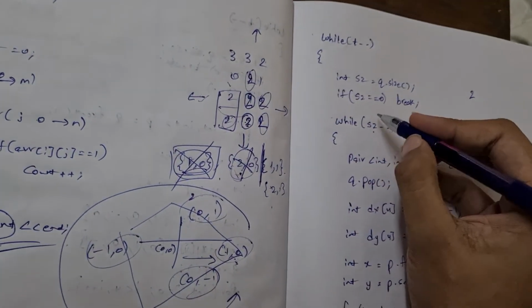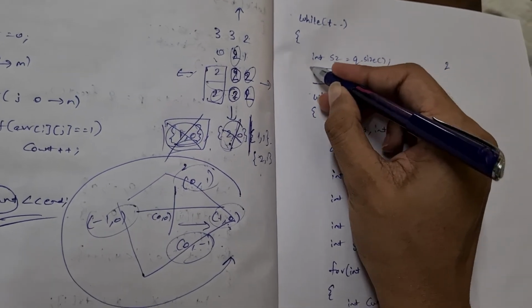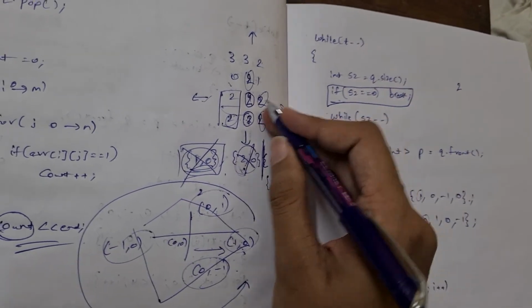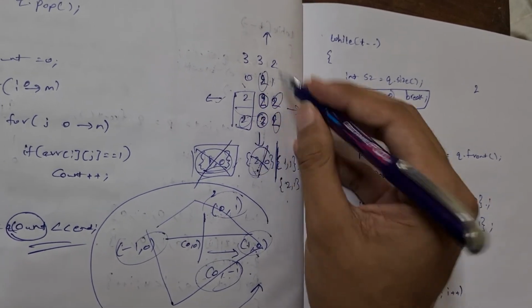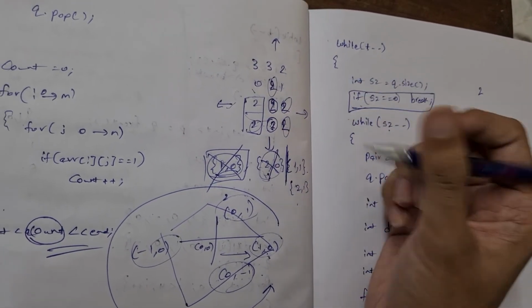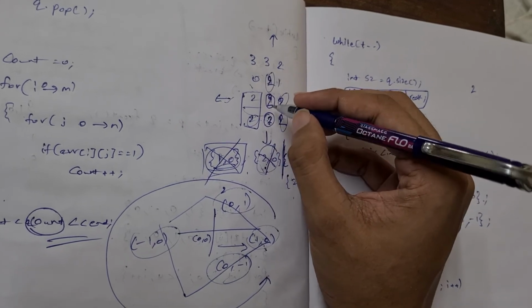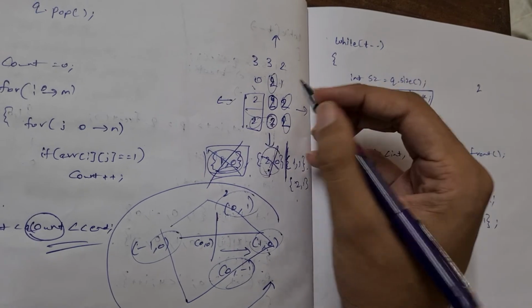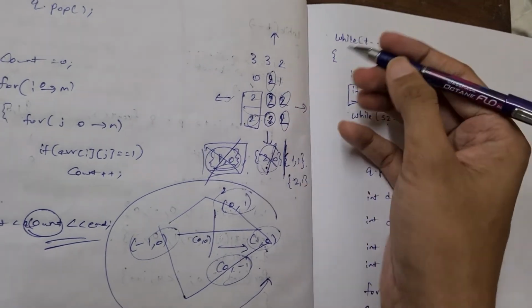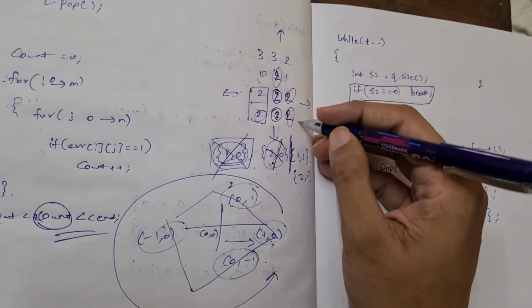And this particular condition is helpful when all the apples in the grid are rotten, and all the adjacent sides of each and every apple are checked, and there are no fresh apples to get rotten or to be checked.